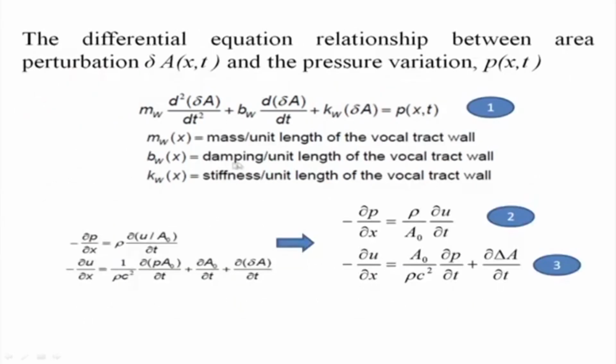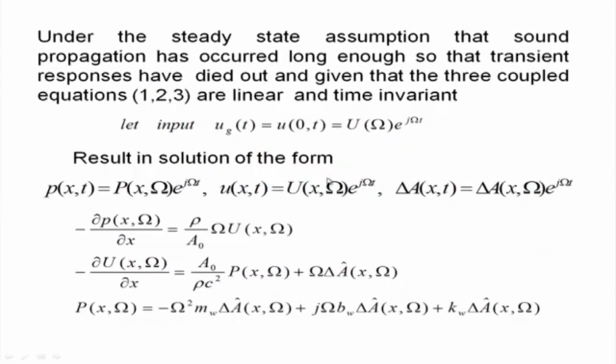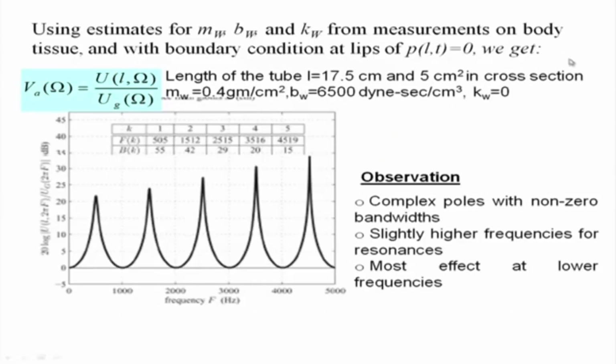That means m is a mass per unit length, b is damping per unit length, and k is stiffness per unit length of the vocal tract wall. Okay.